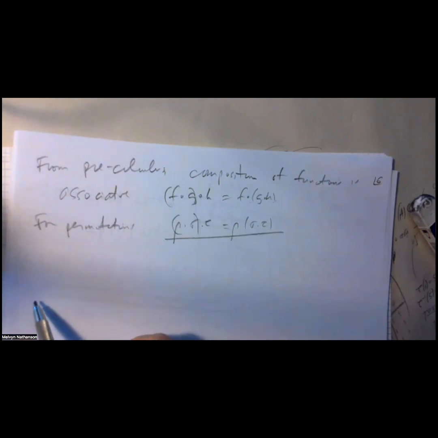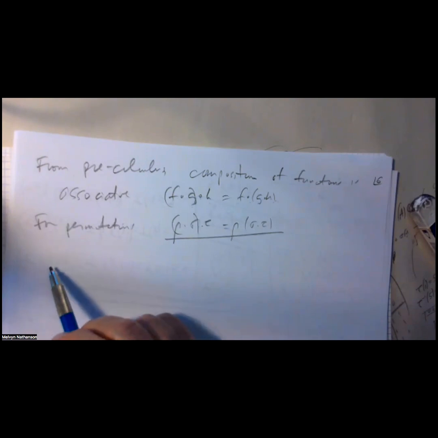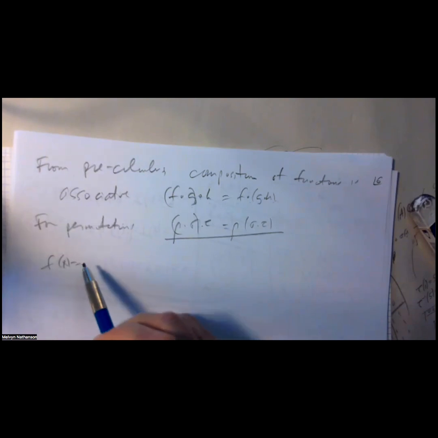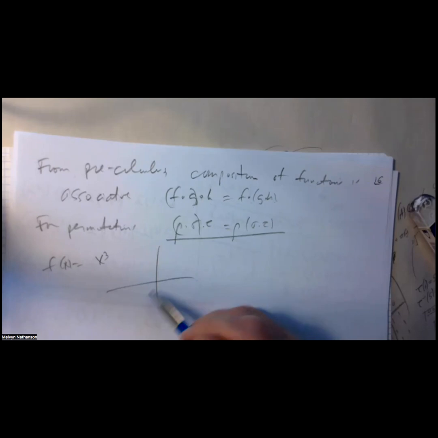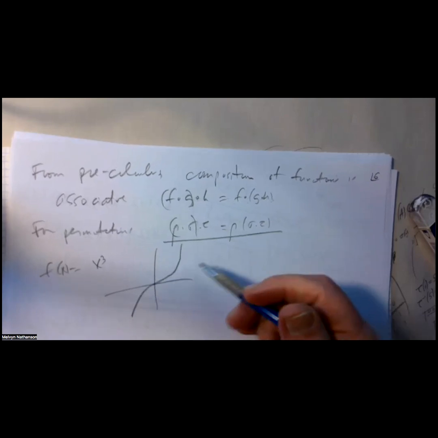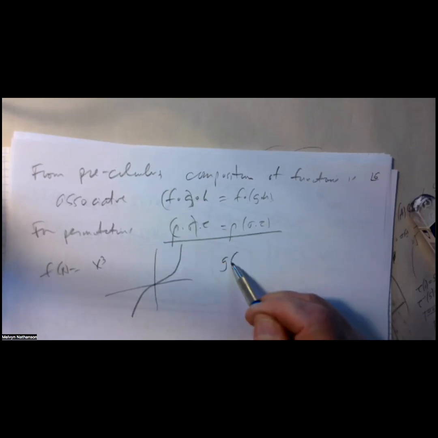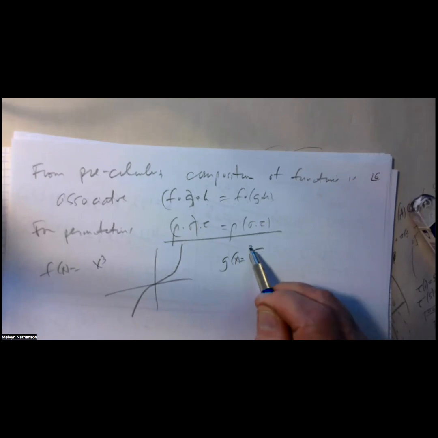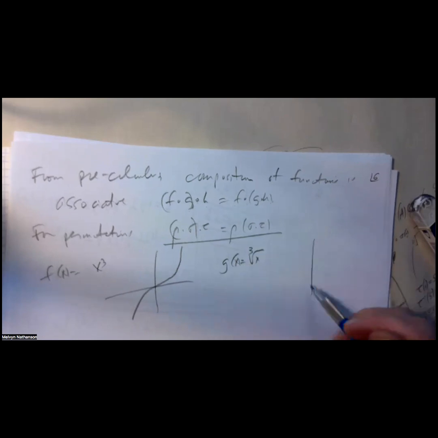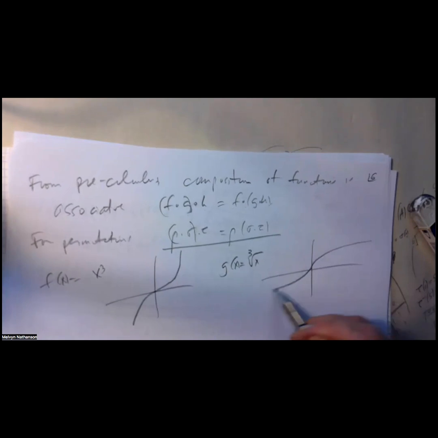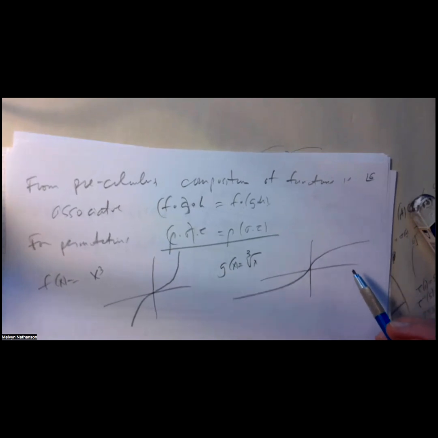But it's also true, for some functions, suppose you have the function f of x equals, I don't know, x cubed. So the graph looks like that. And you have another function, g of x, which is the cube root of x. That looks like that.